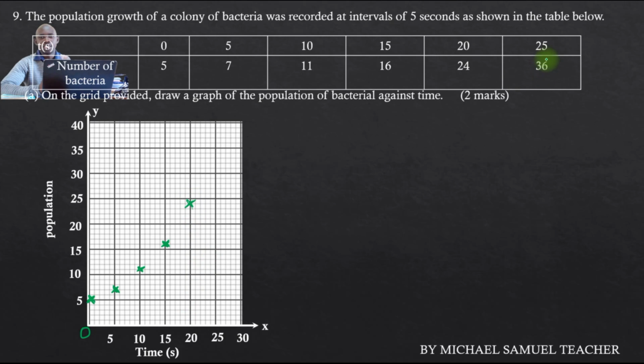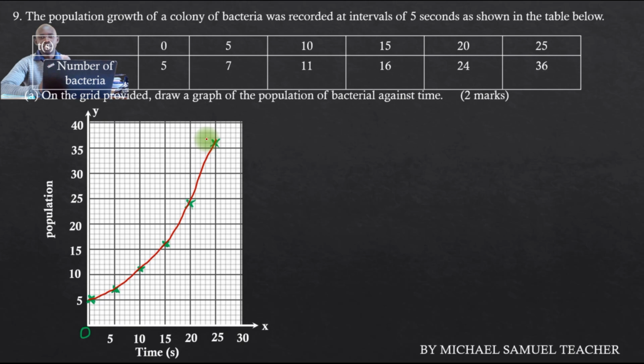And finally, when time is 25, population is 36, so that is where 36 is. Now I can draw a curve. You can see the way we have plotted the points, it is a curve. And that is it.